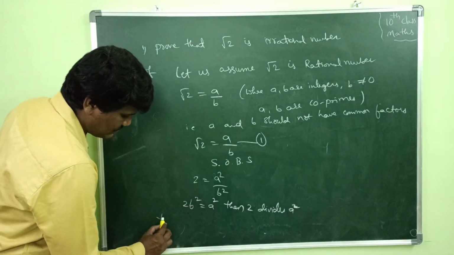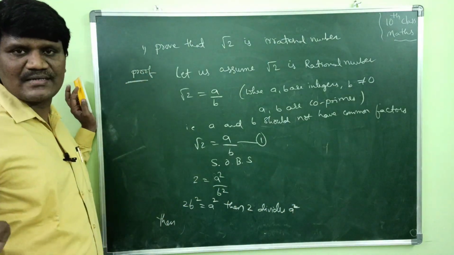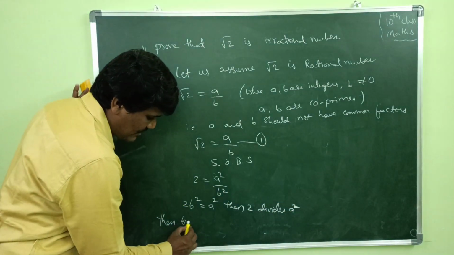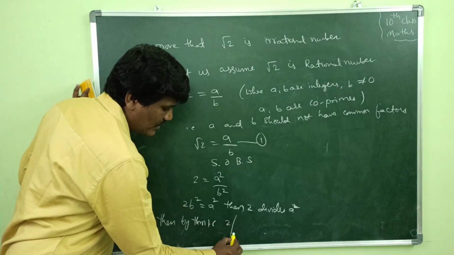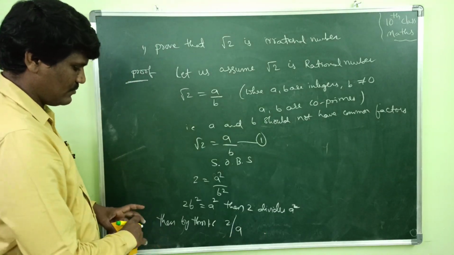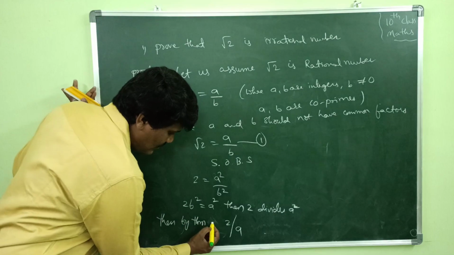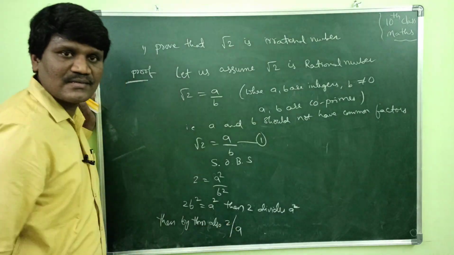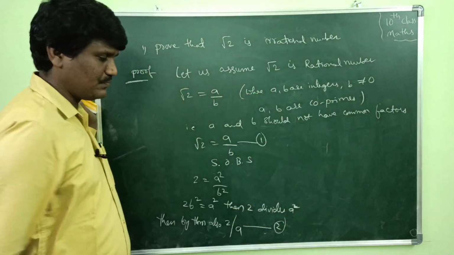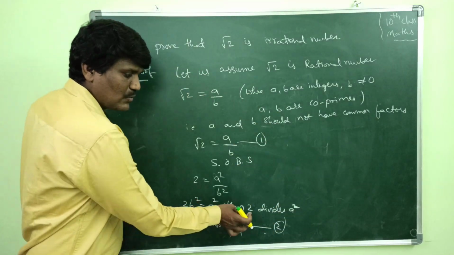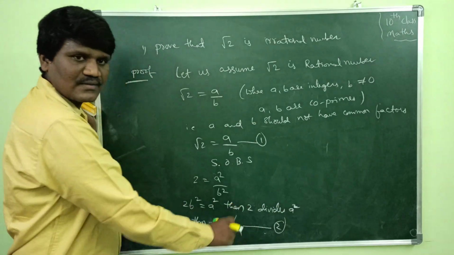Then we know the theorem: if p divides a square, p also divides a. So by the theorem, 2 divides a. Say this is equation number 2.